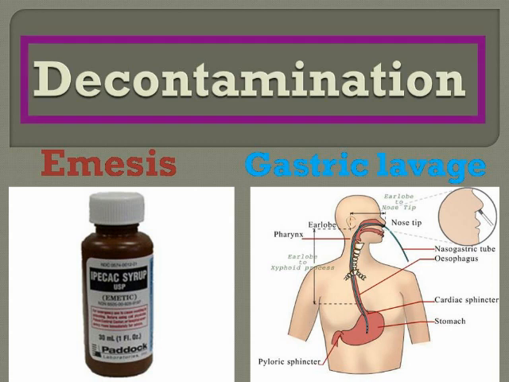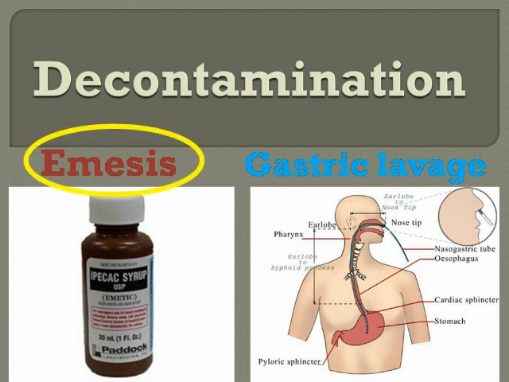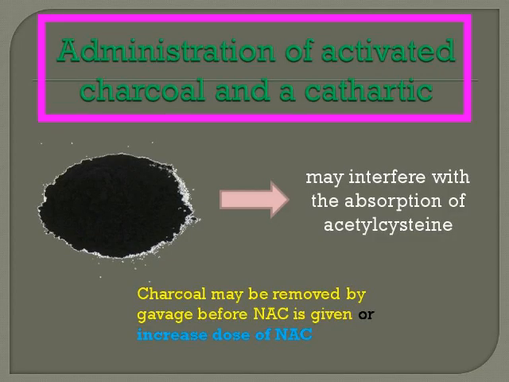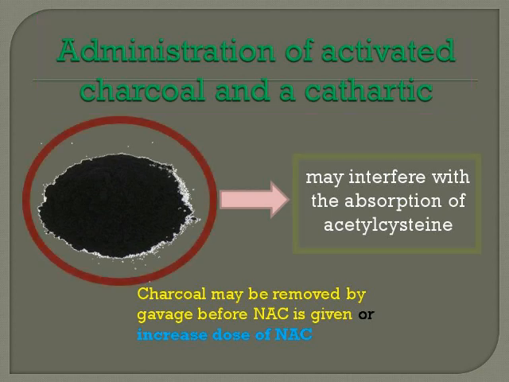The decontamination of the patient may also be helpful. The first decontamination method is by the induction of emesis or performing of gastric lavage. Second is the administration of activated charcoal and a cathartic. However, activated charcoal may interfere with the absorption of the antidote acetylcysteine.